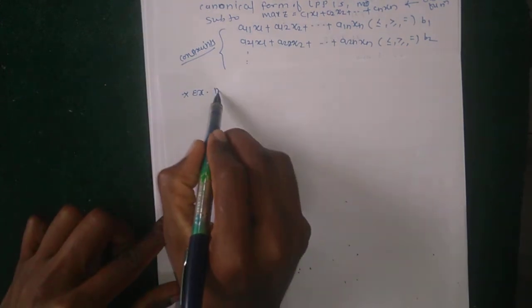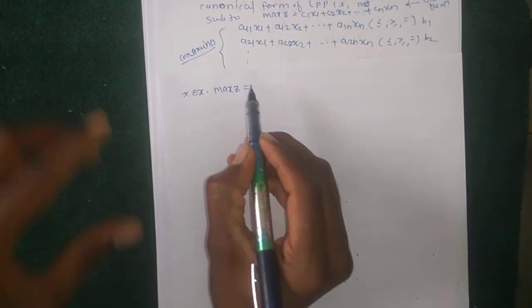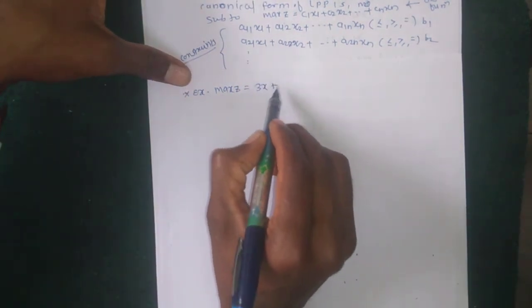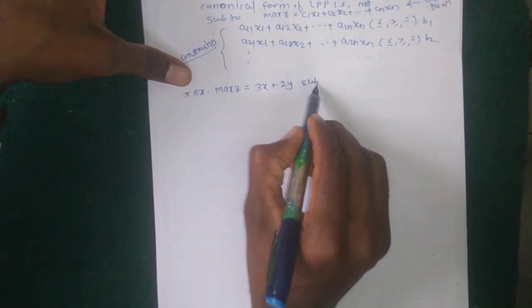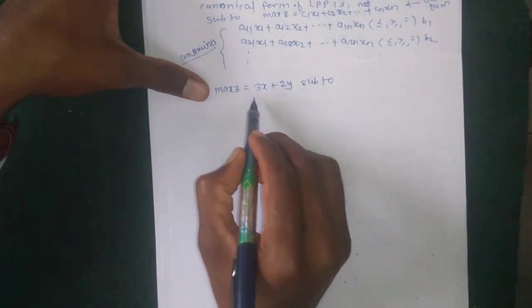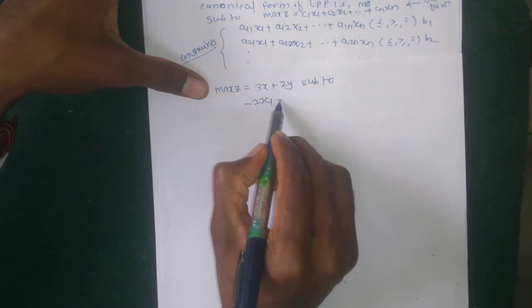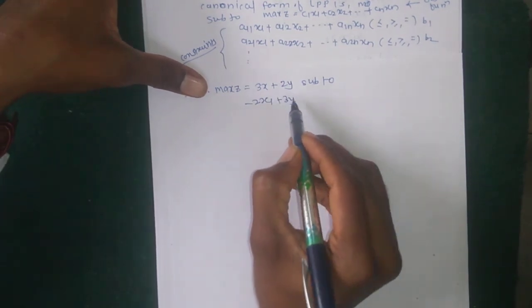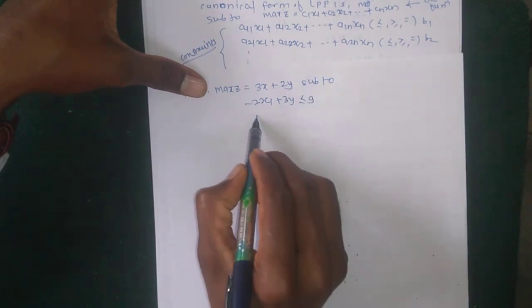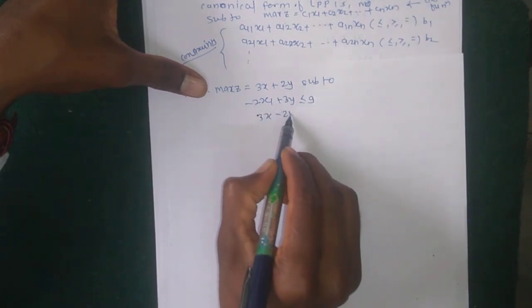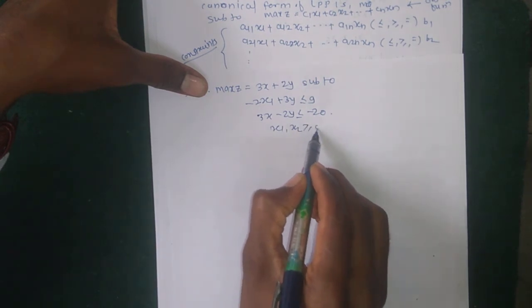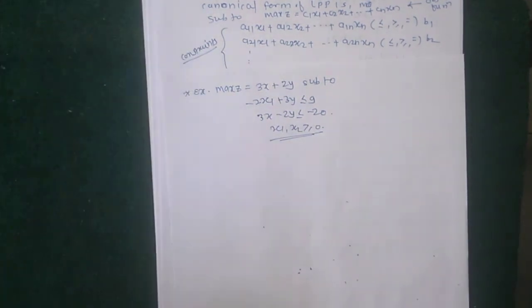Here maximize Z is equal to 3x plus 2y subject to minus 2x plus 3y less than or equal to 9, and 3x minus 2y less than or equal to minus 20. Okay, this given LPP has an infeasible solution.